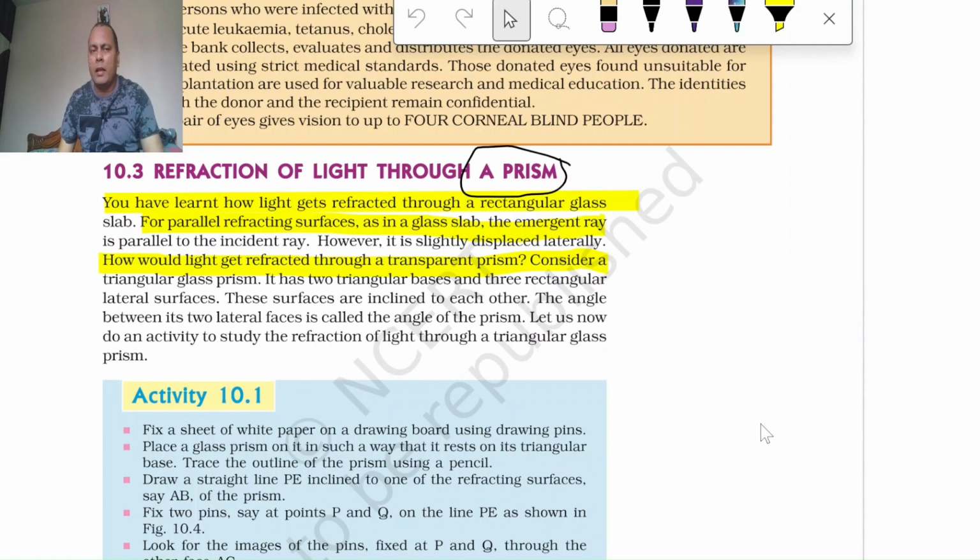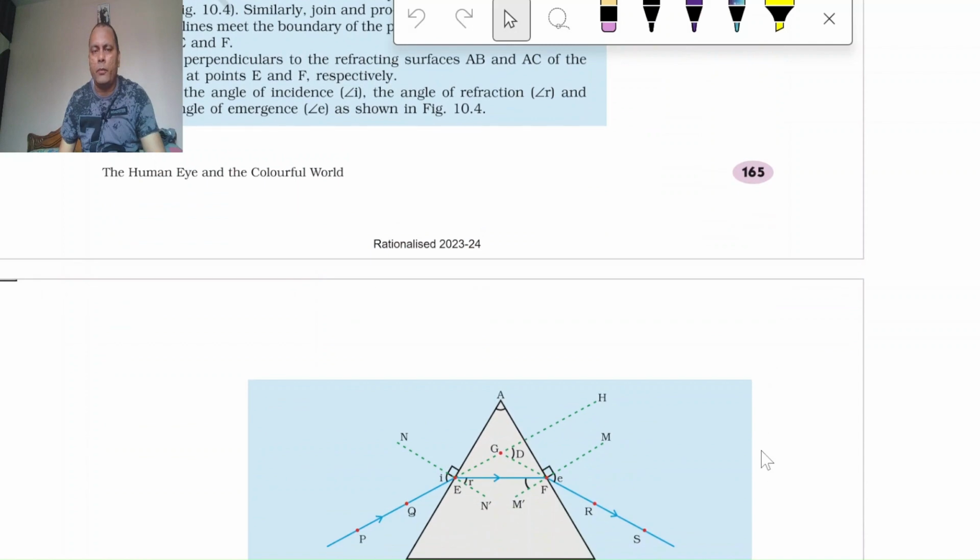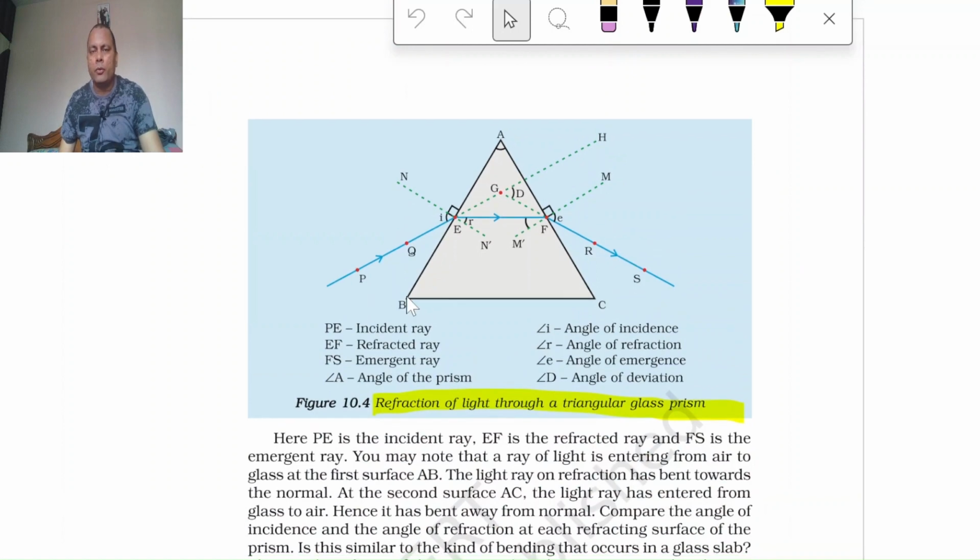The points you need to know are: PE is the incident ray, EF is the refracted ray, and FS is the emergent ray. Where is the FS? This is the FS, so this ray is the emergent ray.